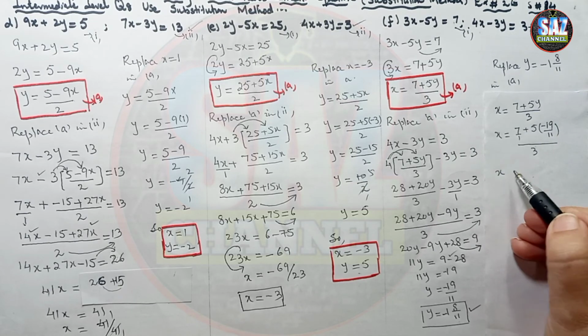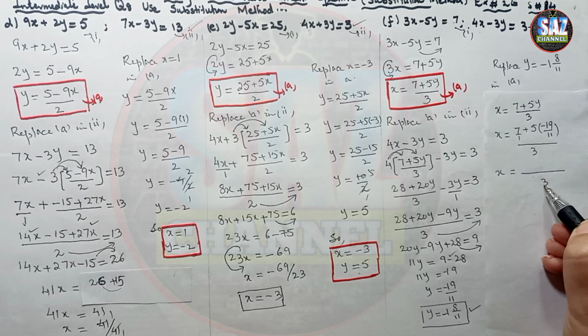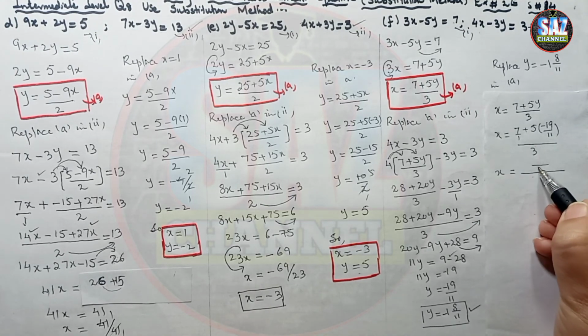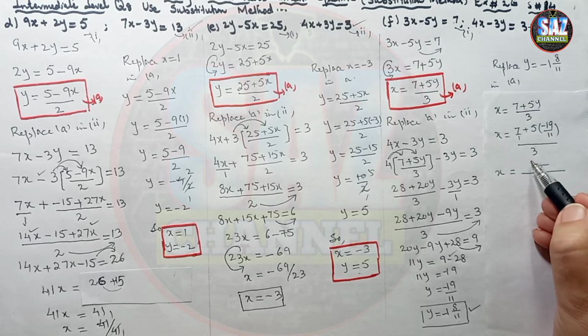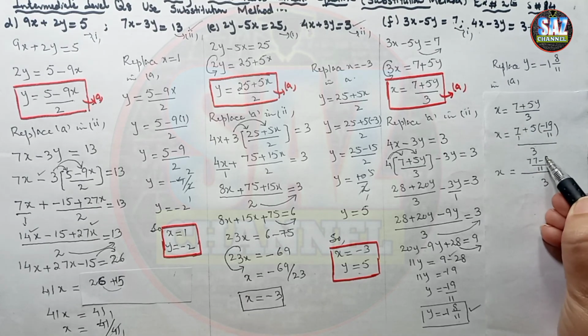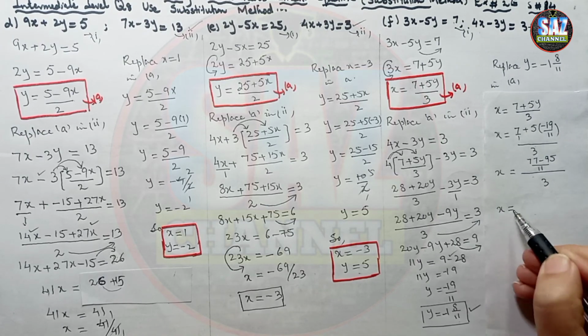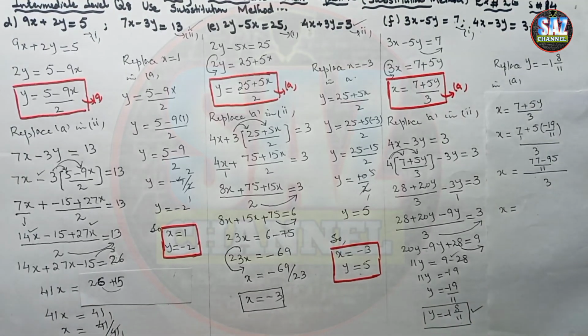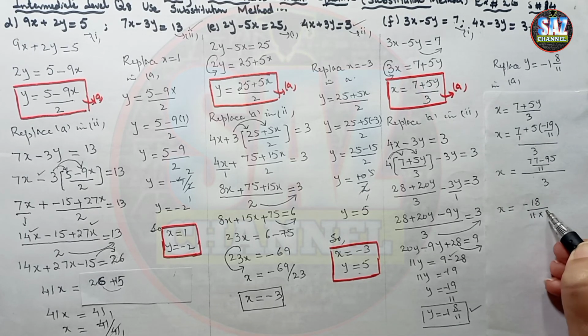So the equation will take the form x equals, this is the main denominator 3, and 11 is the LCM. 11 times 7 is 77 minus 95. The equation will take the form 77 minus 95. 77 minus 95 is minus 18. Minus 18 upon 11 into 3.